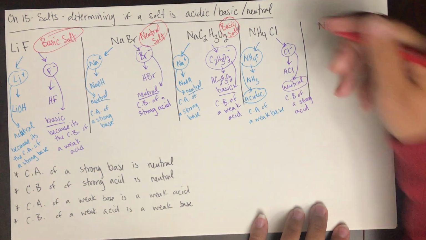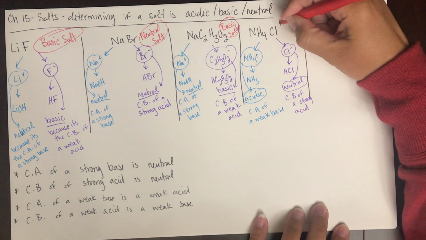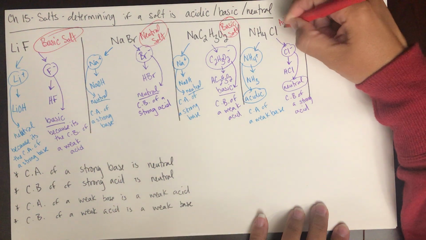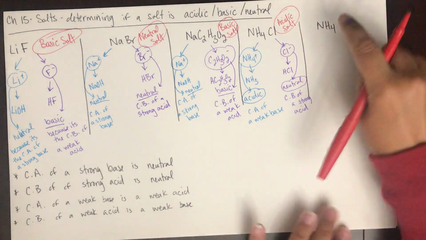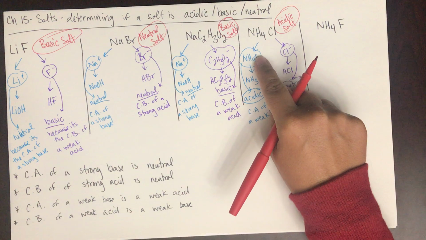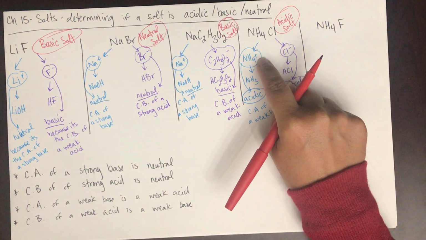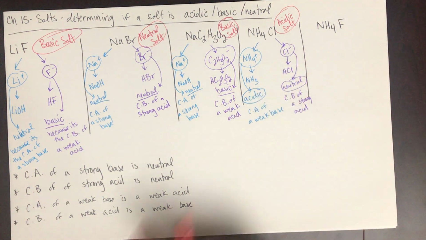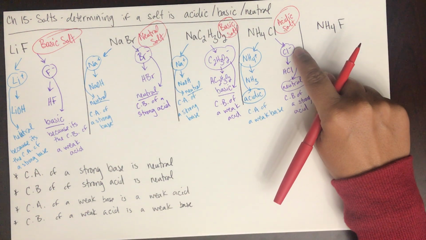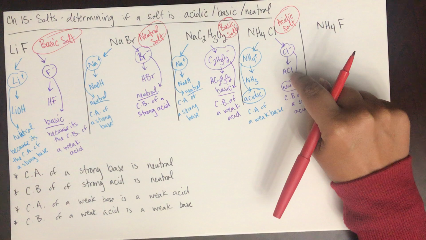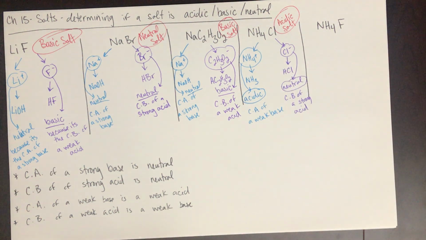So that makes ammonium chloride an acidic salt. It's an acidic salt because the ammonium ion acts like an acid because it is the conjugate of a weak base. The chloride ion is neutral because it is the conjugate of a strong acid.